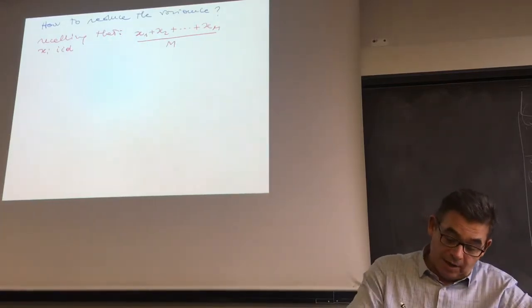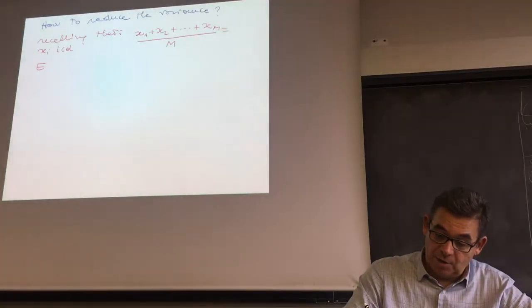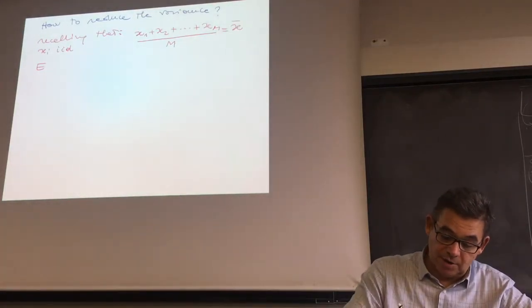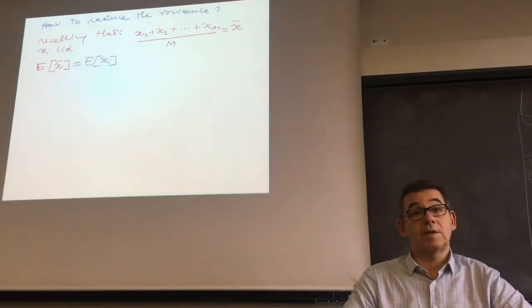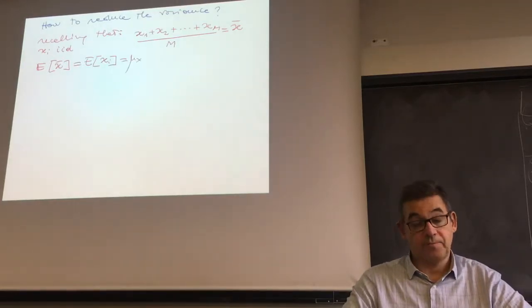Now, if I calculate the expectation of this sum, let me call it the mean, the expectation of the mean is equal to the expectation of each individual variable. Since they are identically distributed, it's mu x.